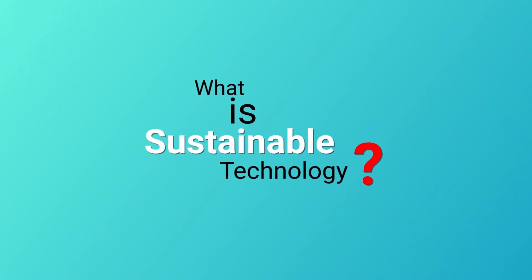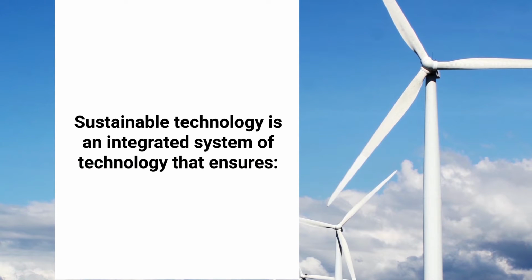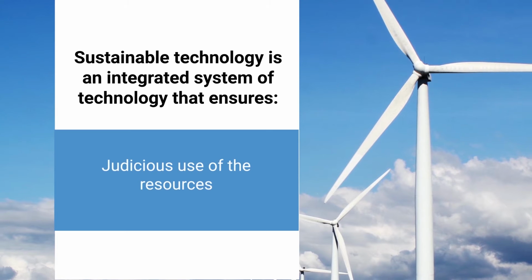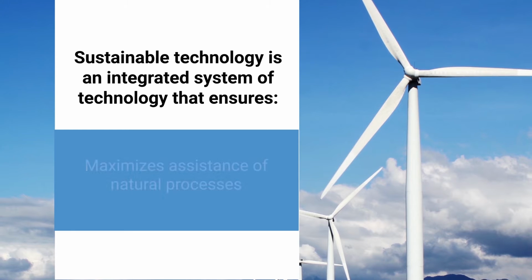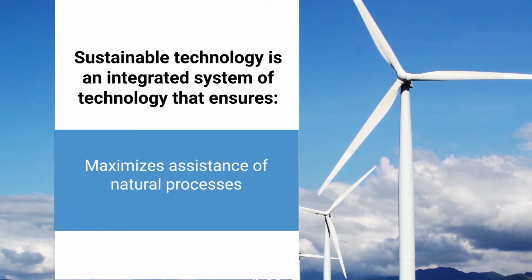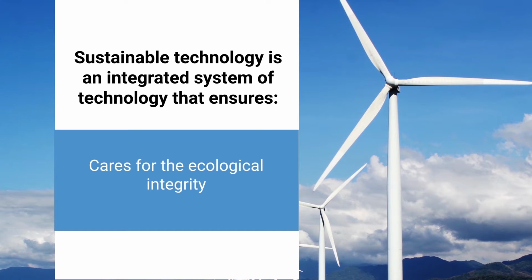So, what is sustainable technology? It is an integrated system of technology that ensures judicious use of resources. Which resources? Natural resources. It maximizes assistance of natural processes. It cares for the ecological integrity.